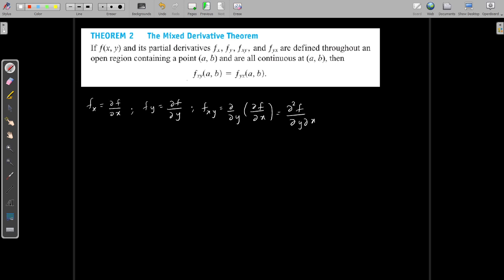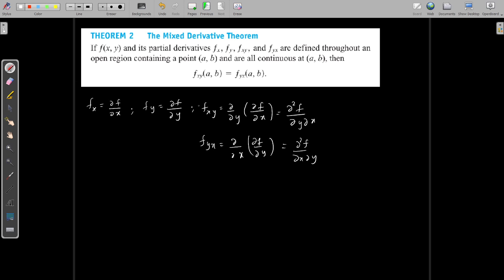This theorem states that the order of the differentiation can be changed. You can evaluate fyx by evaluating the derivative of f with respect to y first, then with respect to x. When you evaluate this, you represent it as d square f by dx dy.